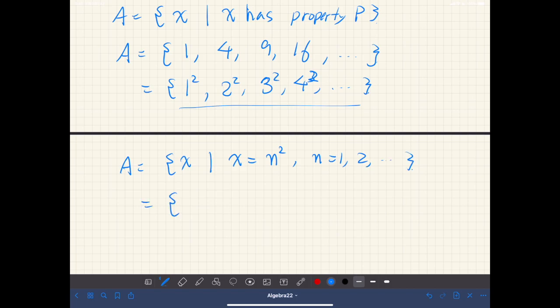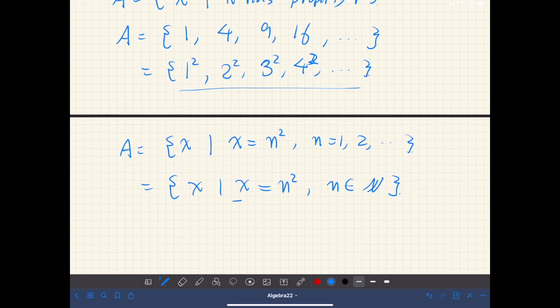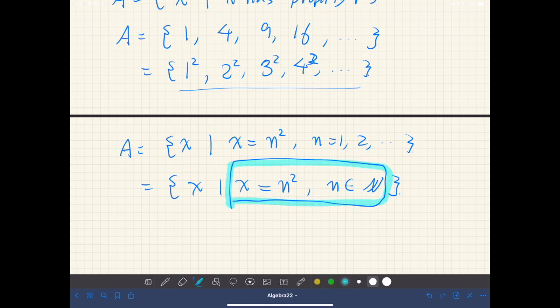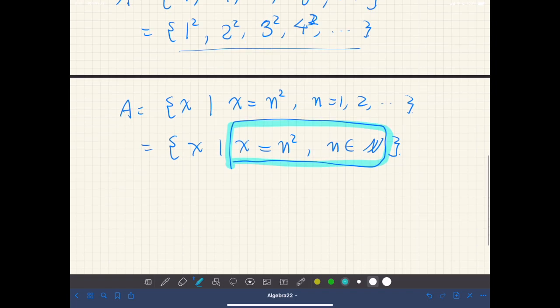Or we can write x such that x is the square of n, where n belongs to the set of natural numbers. So this part here is the property we are talking about in this case. The property is x is a square of some natural number. If x satisfies this equation with some natural number, then x is an element of this set A.